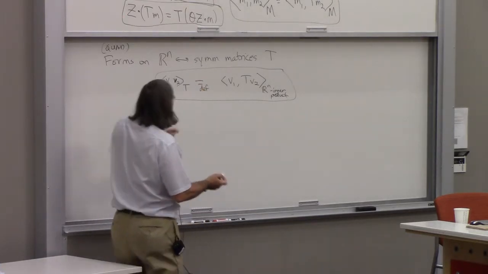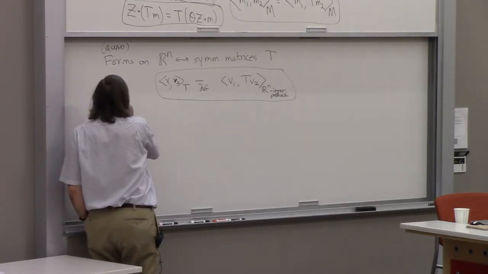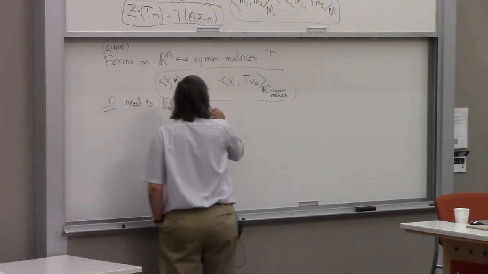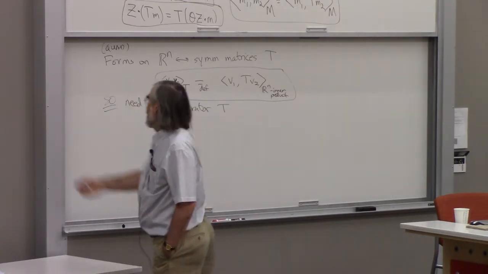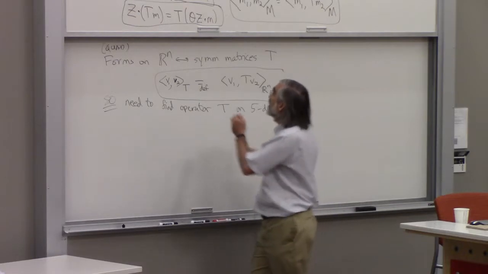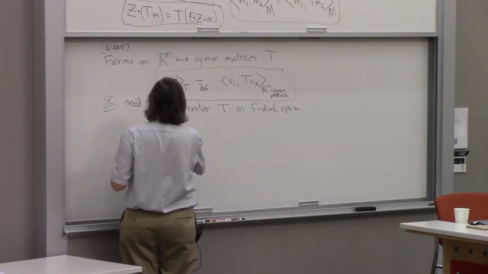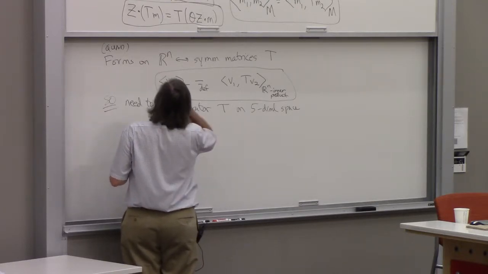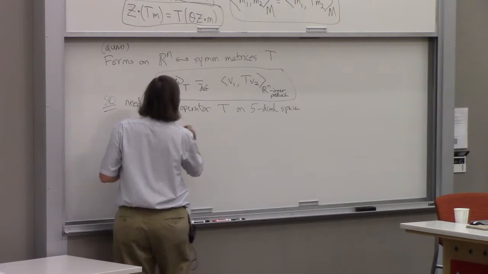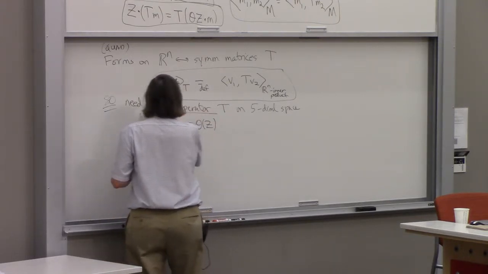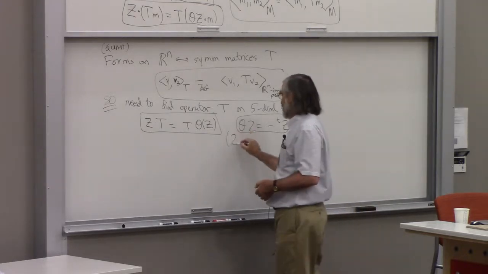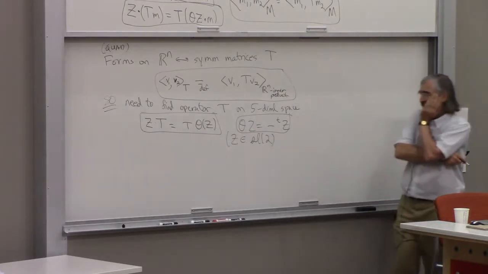All right, so what we have to do is I need to find an operator T on this, for example, 5-dimensional space with the property that, and here theta of Z is minus the transpose of Z, and this is supposed to hold for any Z in the Lie algebra of SL2.